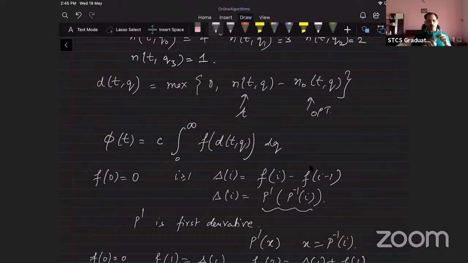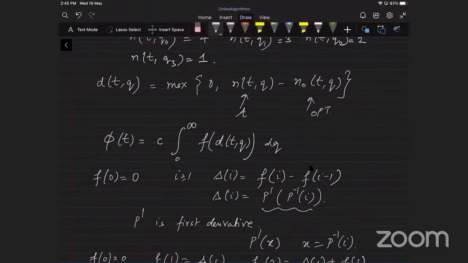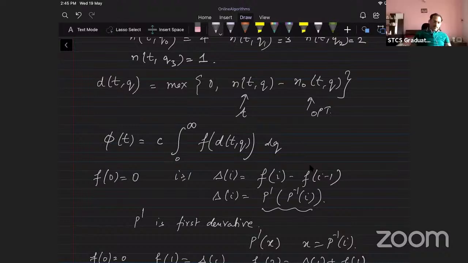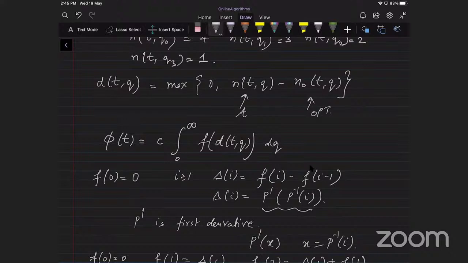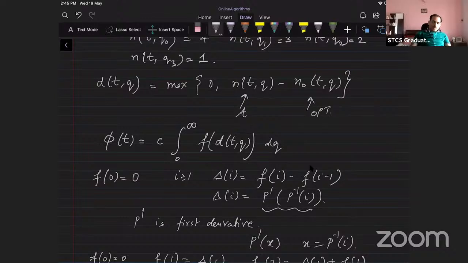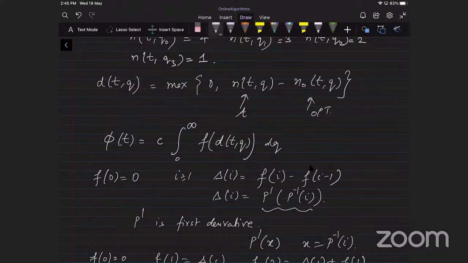So what does the algorithm do to d of t comma q? There's no minimization. What is d of t comma q? Forget the max, it's just the difference between n of t comma q and n0 of t comma q. Among n of t comma q and n0 of t comma q, which quantity is affected by the algorithm? n of t comma q.